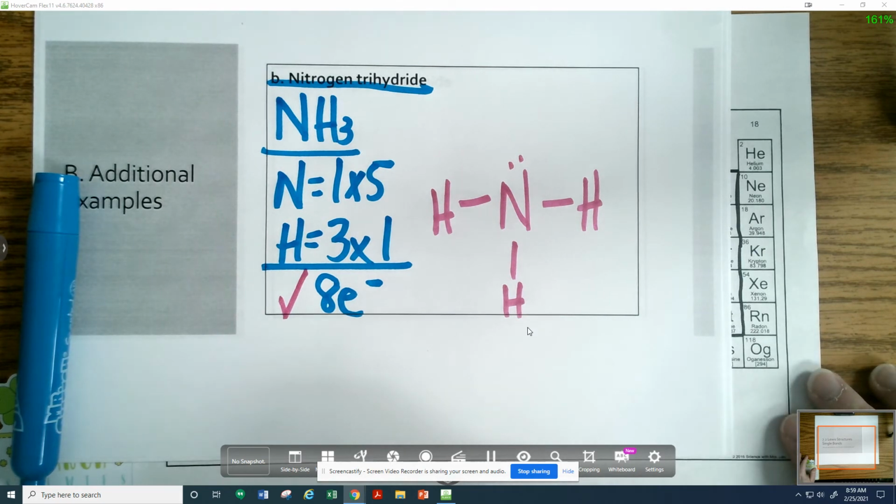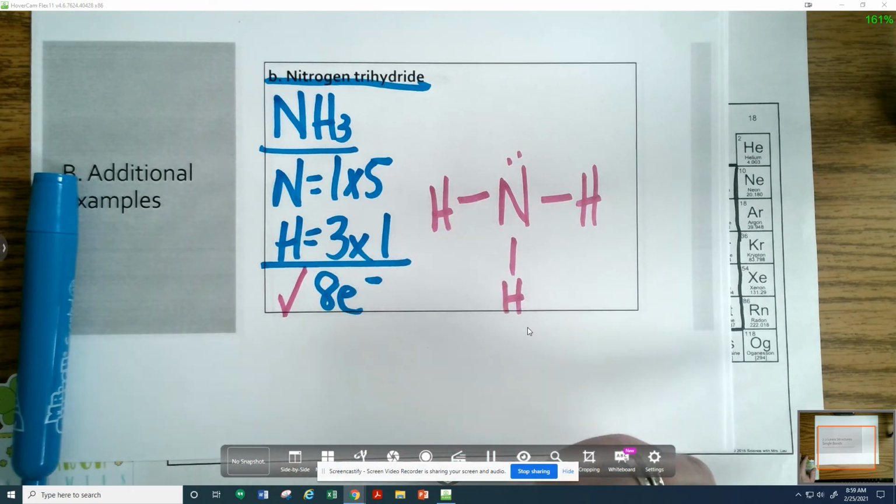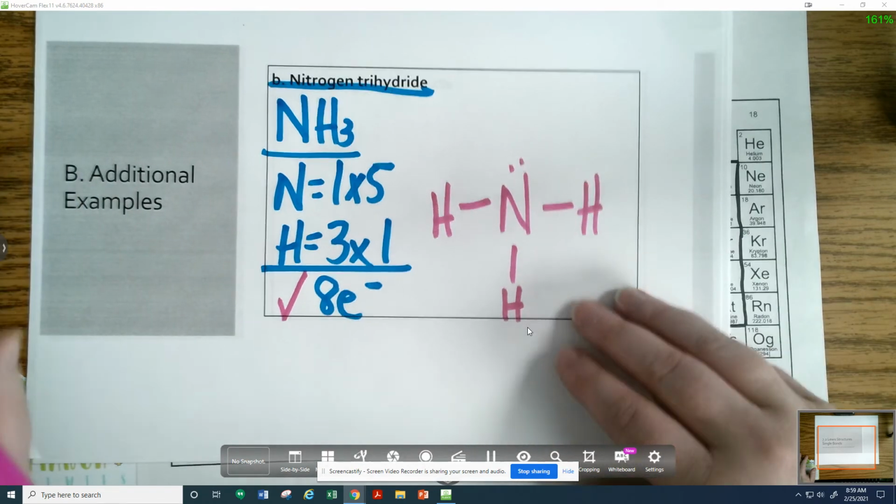Hydrogen is one of the few elements, usually atomic number 1 through 5, that are content with having just 2 valence electrons. If you go back to electron configurations, it goes back to that 1s2 and wanting to fill that. So again, hydrogen is content with 2 electrons. So you will only see hydrogen with a single bond. You will never see hydrogen with lone pairs around it. Okay, so that one is done.